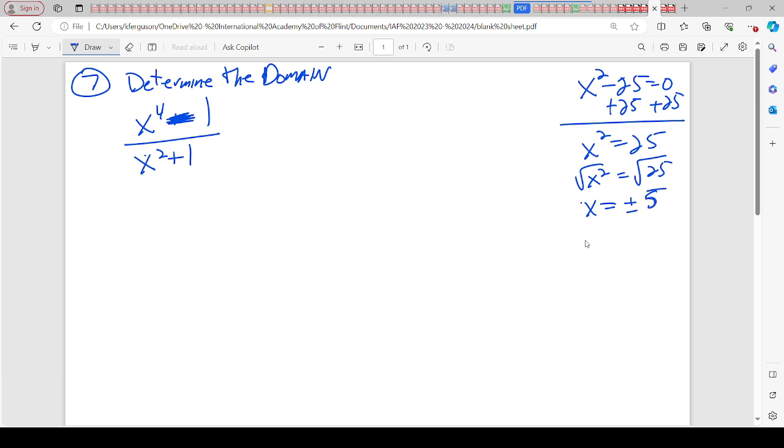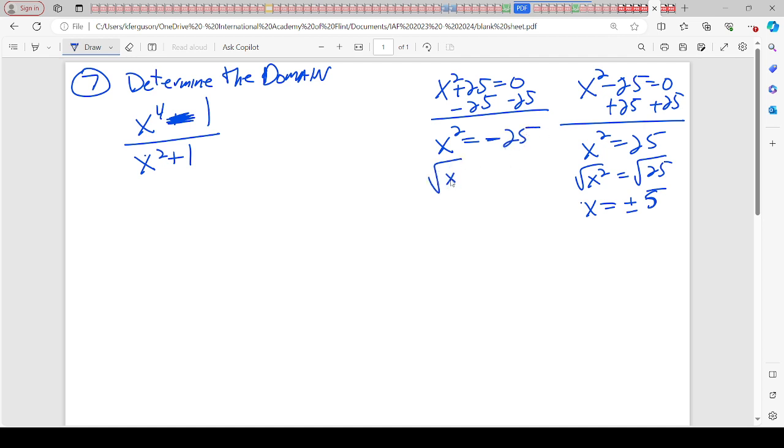I can do that. But see, if I have a problem like x squared plus 25 equals 0, I subtract 25 from both sides, and I get x squared equals -25.